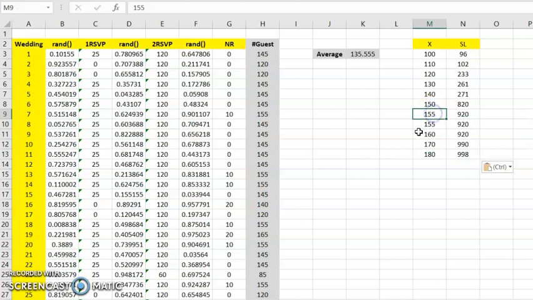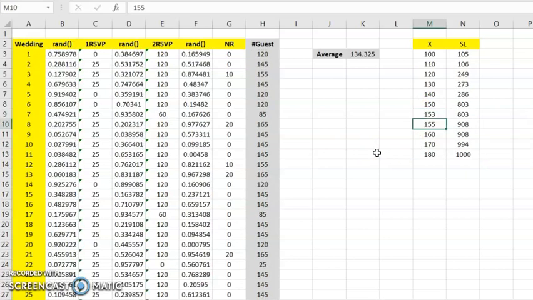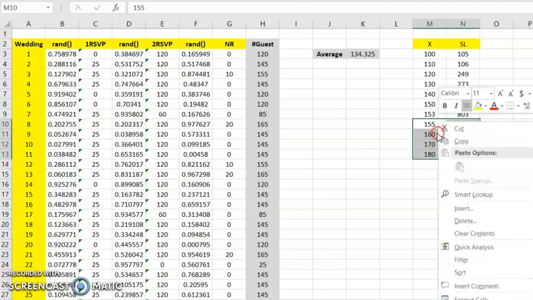And let's make it 153. Something very weird is happening here between 153 and 155. Many guests are over there. So let's check it also.